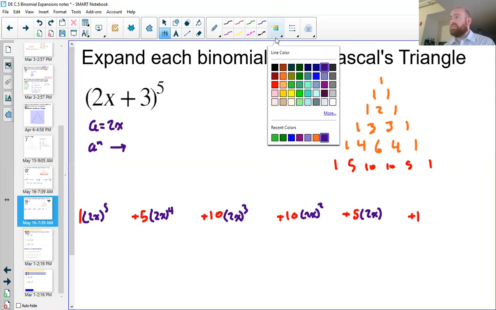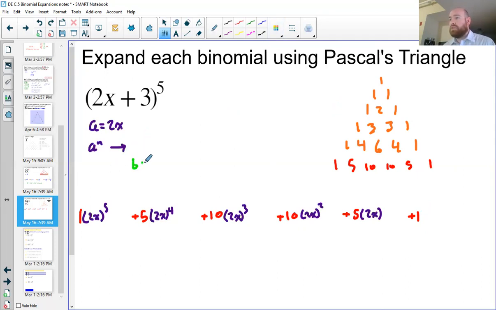And we don't need to write it on the last one as long as we have it there as a placeholder. Because next, and let's do this bright green, we have b is equal to 3, and we're going to fill in b to the n from right to left. So we have 3 to the 5th power, 3 to the 4th power, 3 to the 3rd power, 3 squared, 3, and then nothing on this first term because 3 to the 0 power is just 1.